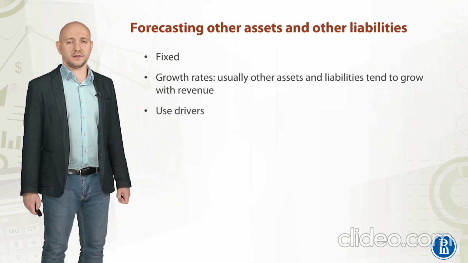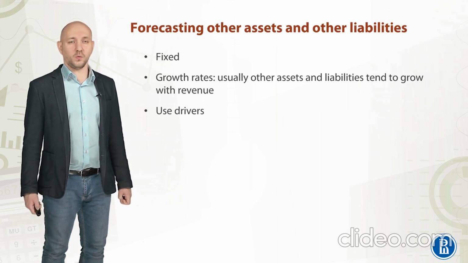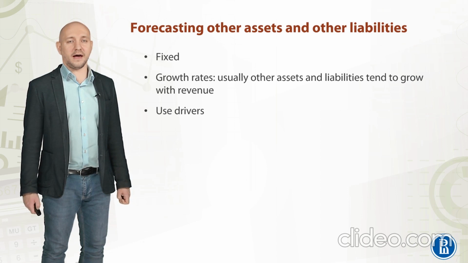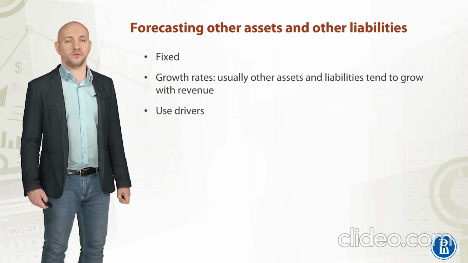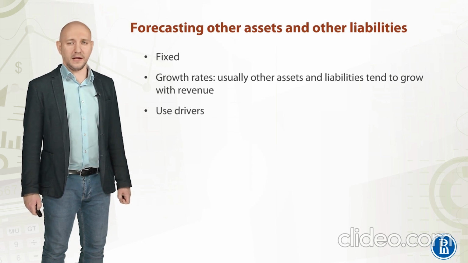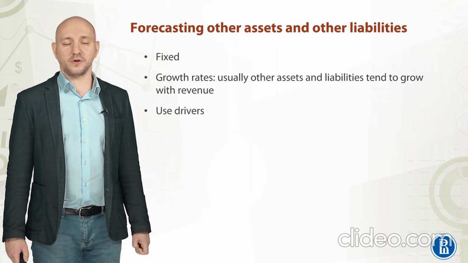It's not so rational. That's why other variants are used. For instance, growth rates. Usually other assets and liabilities tend to grow with revenue, which means that you could inflate them using the growth rate of your revenue. And another way would be using different drivers.